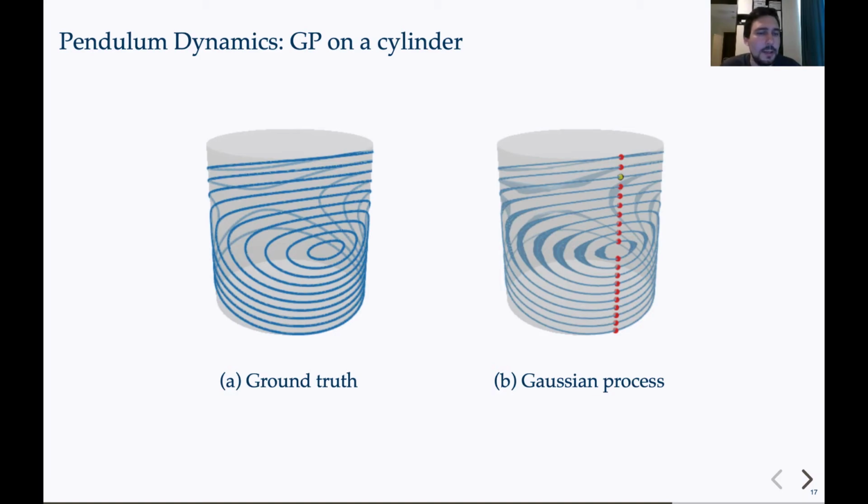Here on the right is the result of such modeling. With the blue on the right, we visualize confidence regions where the trajectories of the learned dynamical system lie.